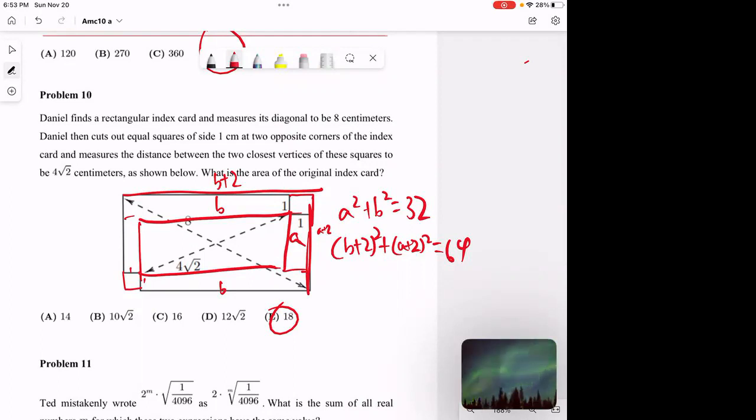So this is b squared plus 4b plus 4 plus a squared plus 4a plus 4 equals 64. Subtract a squared plus b squared from this one, from this equation 1.